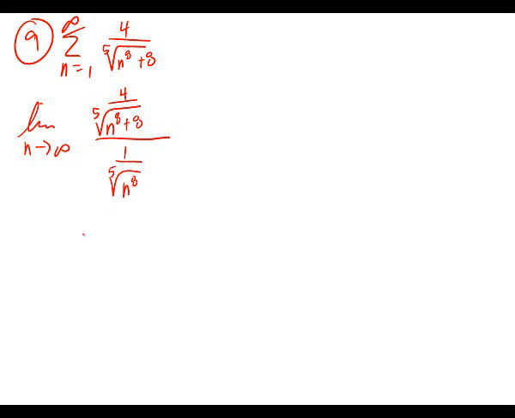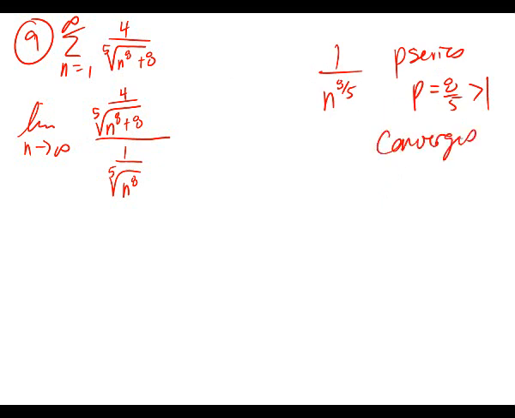Because technically the 5th root of n to the 8th is really 1 over n to the 8/5, which is what kind of series? P series. With p equal to what? 8/5, which is greater than 1, and when p is greater than 1, does it converge or diverge? Converges. Okay.